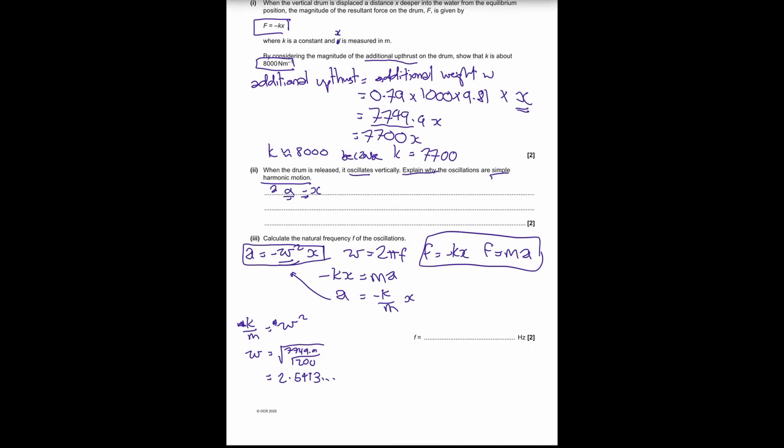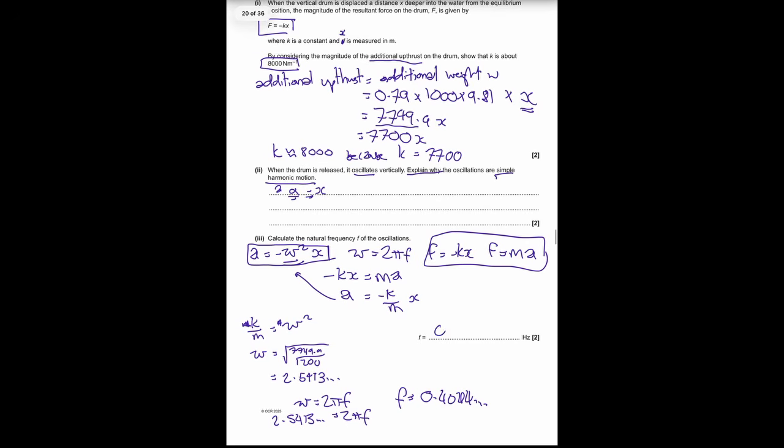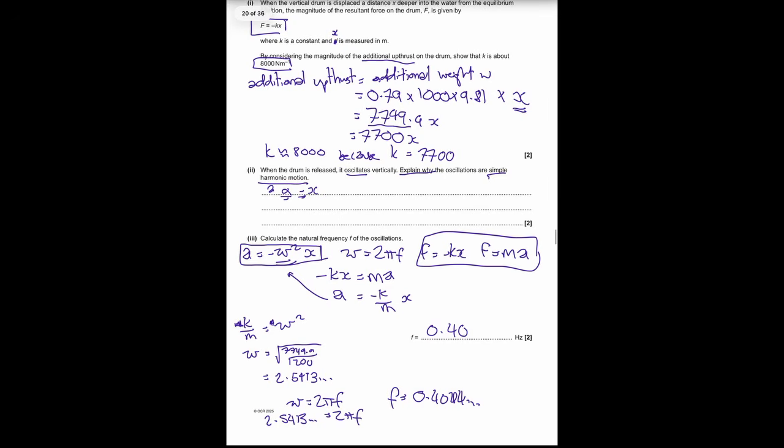Since that's equal to 2 pi f, 2.5413 and so on is equal to 2 pi f, and then you rearrange that to get f equal to 0.4044, and to two significant figures unless there's reason to give otherwise, that's going to be 0.40. And yeah, I'm happy that I've got the right answer for this one.